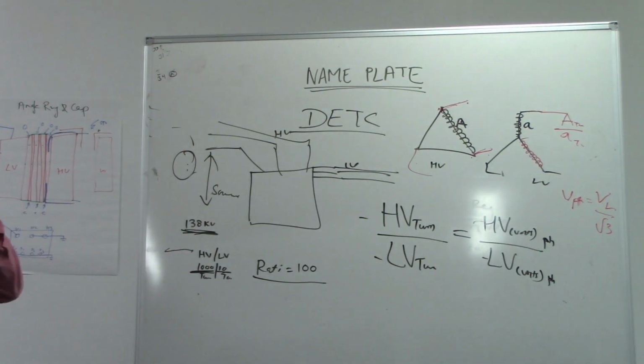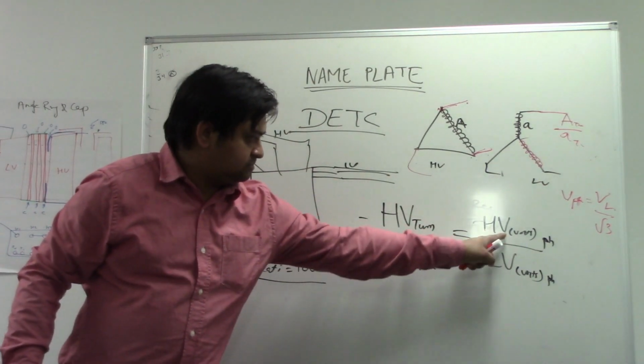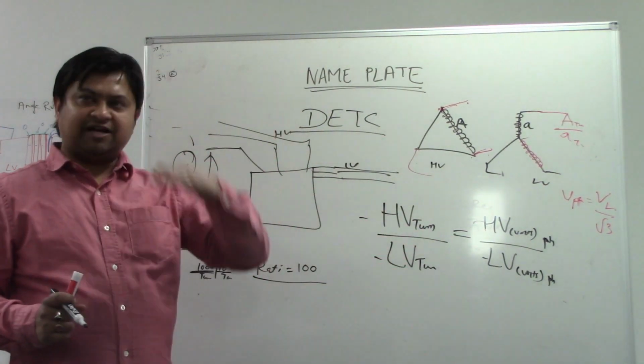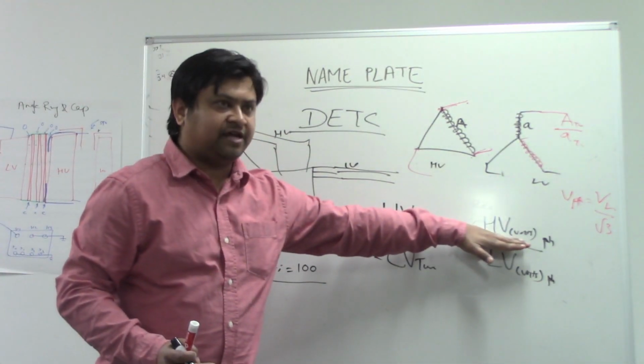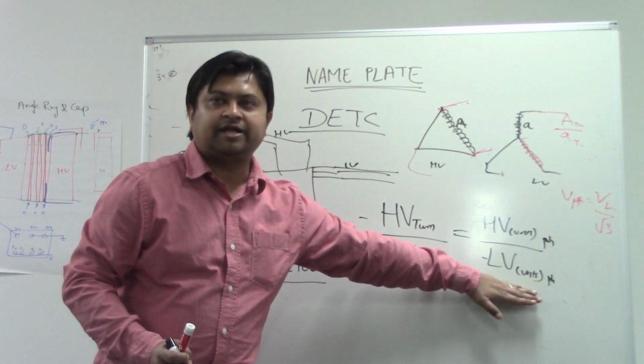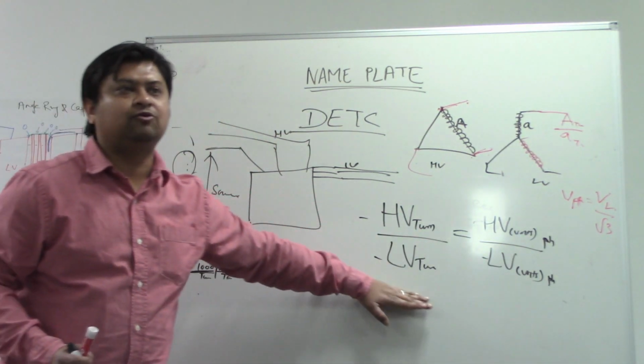This ratio is the turn ratio, and the voltage ratio depends upon the turn ratio. This voltage ratio is what? One divided by the other, right? That is the ratio, one divided by the other. So high voltage phase divided by low voltage phase, okay, is equal to high voltage turn divided by low voltage turn.